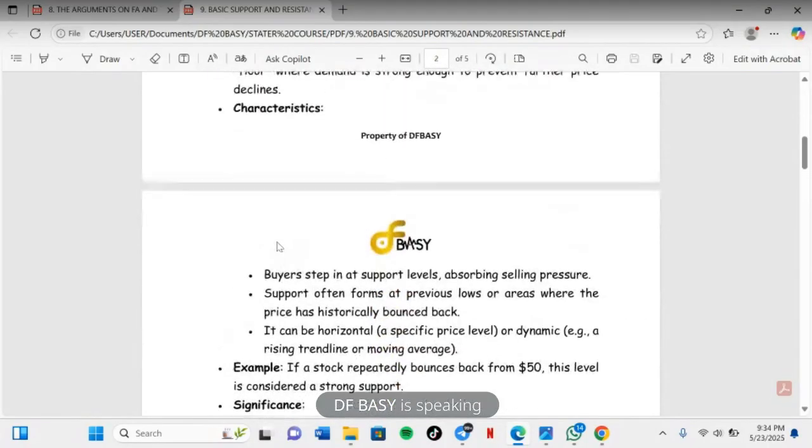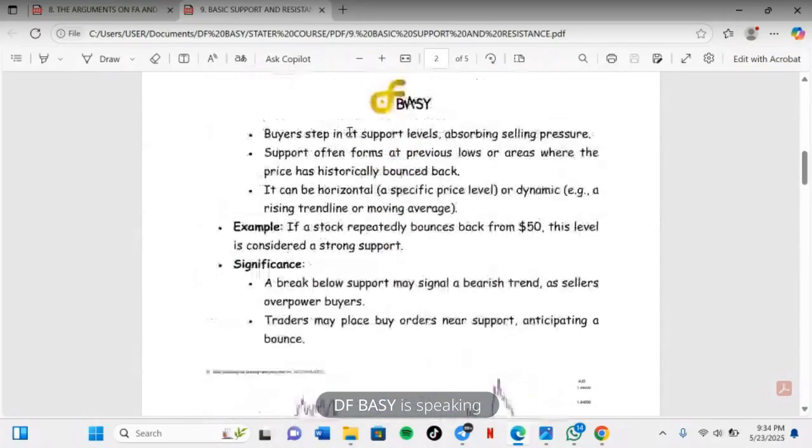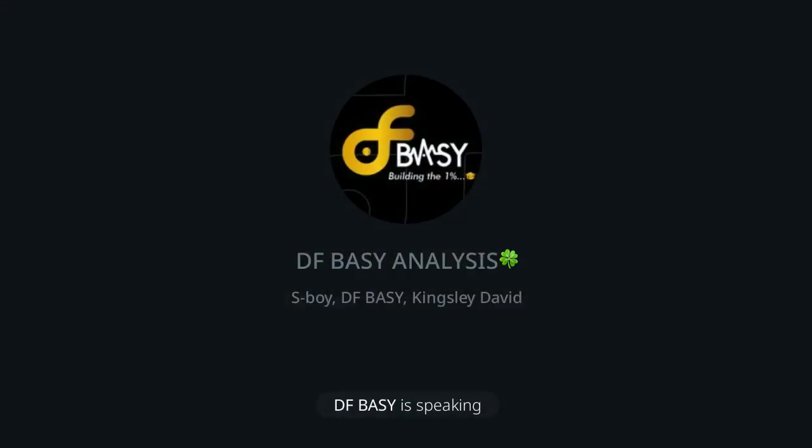Right? Characteristics of a support level. Buyers step in at a support level, absorbing sellers' pressure. Support often forms at a previous low, in areas where the price has historically bounced back. It can be horizontal, a specific level, or dynamic, like a rising trend line or moving average, right?